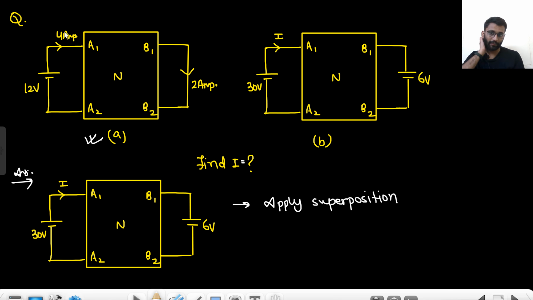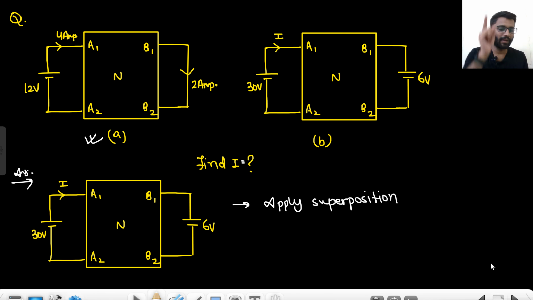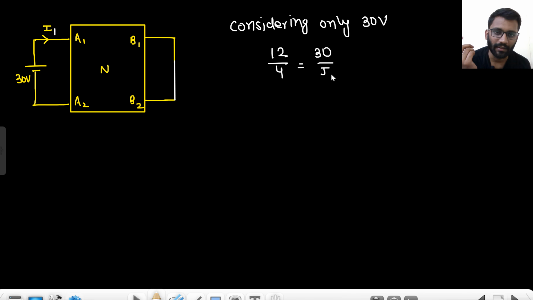Look here, 12 volt 4 ampere, now 30 volt I1. What will be the value of I1? 12 by 4 would be equal to 30 by I1. So I1 would be equal to 10 ampere.